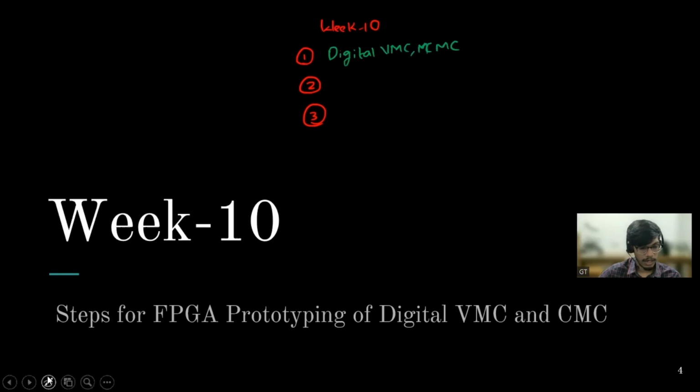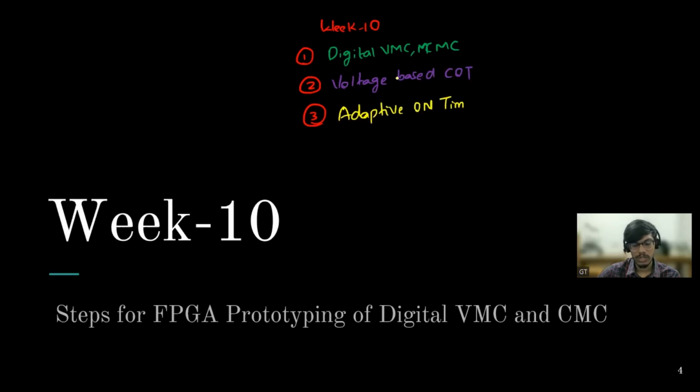In the second part, we'll discuss voltage based constant on-time control, which is again variable frequency. And in the last part, we'll talk about something called adaptive on-time. So this is the outline of week 10.